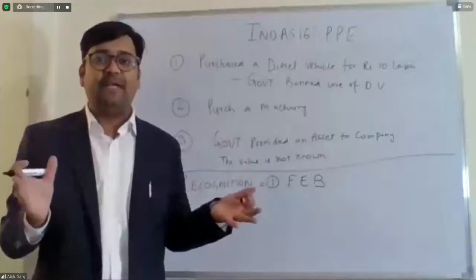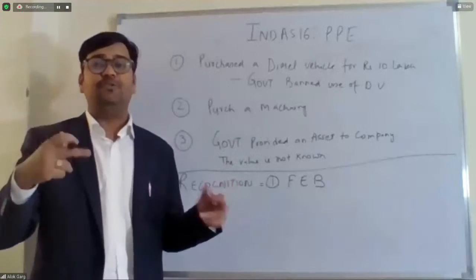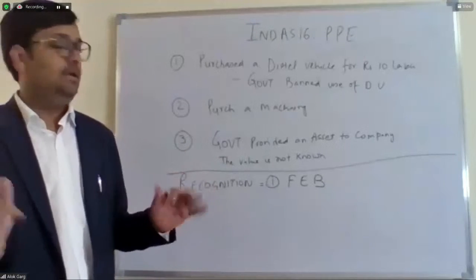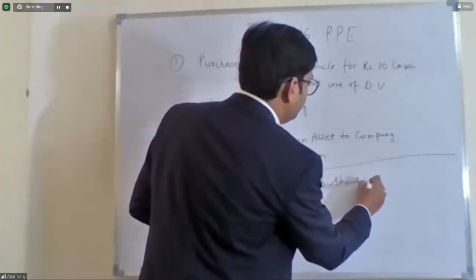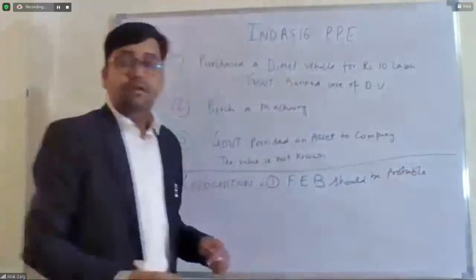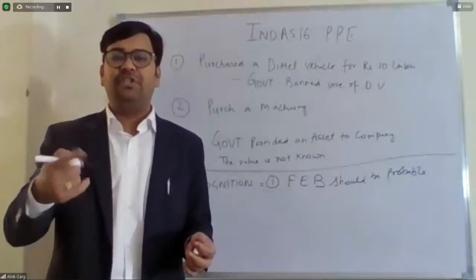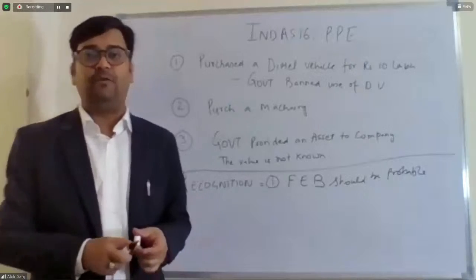So it is expected, it is probable that future economic benefit will be received by using that particular asset. For example, when you will use the machinery, the machinery will produce goods, and the company will earn the money from selling the goods.